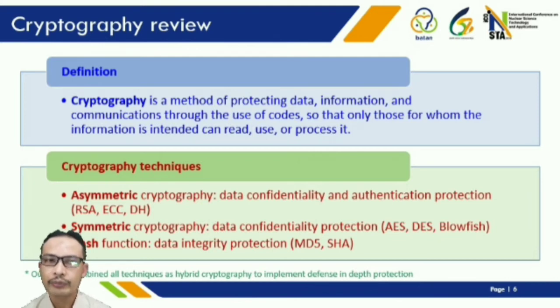First, asymmetric cryptography, used to protect our data confidentiality and to make sure of authentication of identity or the source of the data. The second, symmetric cryptography, used for protecting our data confidentiality. And the third is hash function. This algorithm is used to make sure of our data integrity.